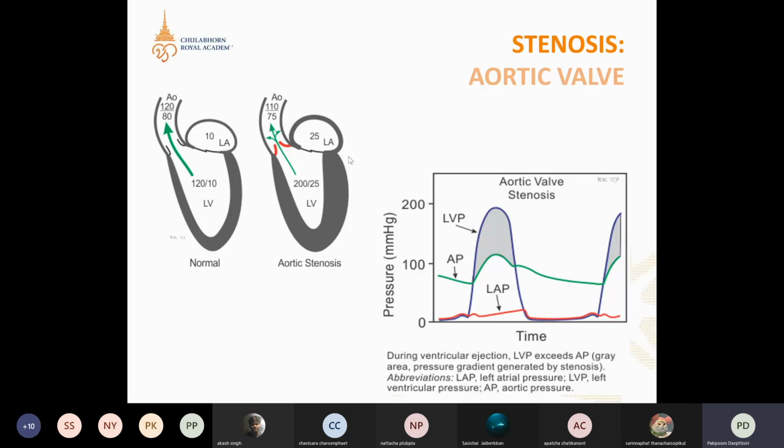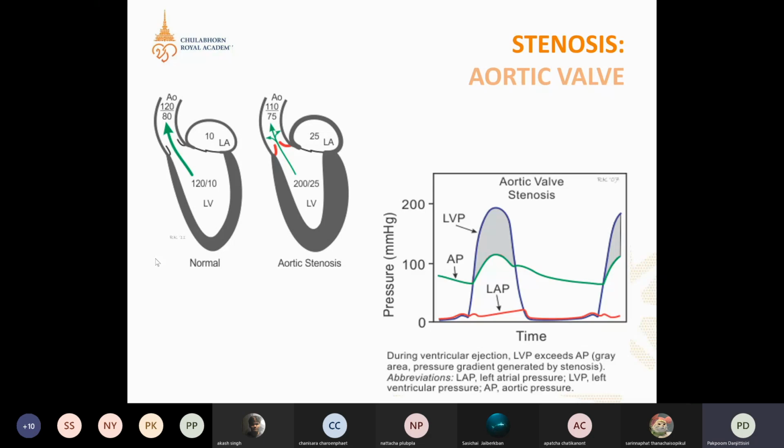If you can imagine like this, you will see the LV pressure from normal to aortic stenosis, right over here. If the patient has a stenotic aortic valve, the left ventricle will try to build up to get higher pressure to overcome the pressure in the aorta and the obstruction of the valve.